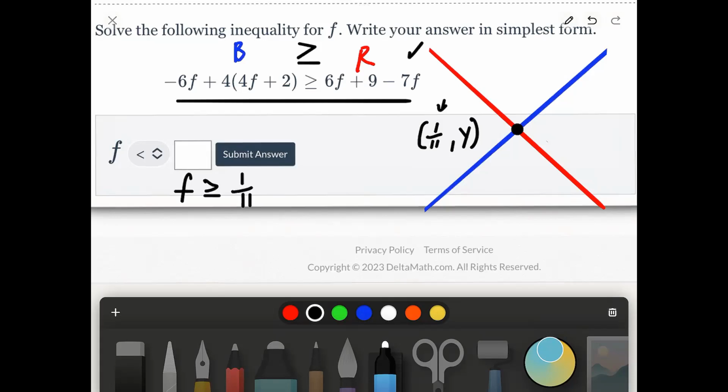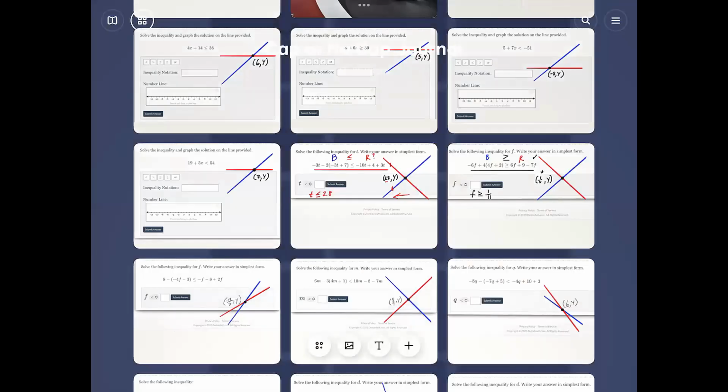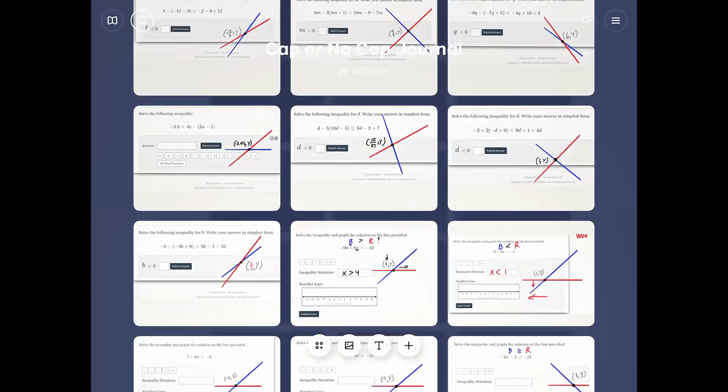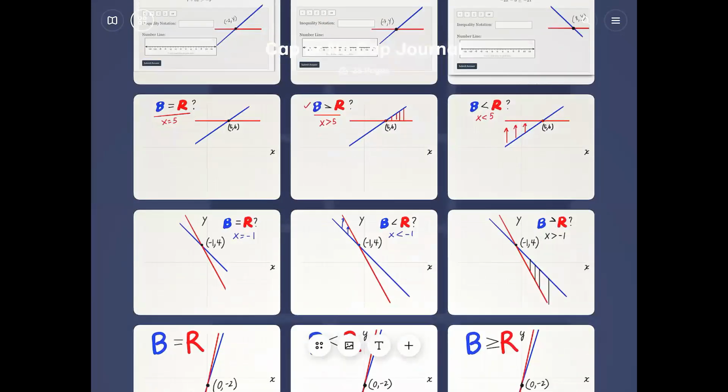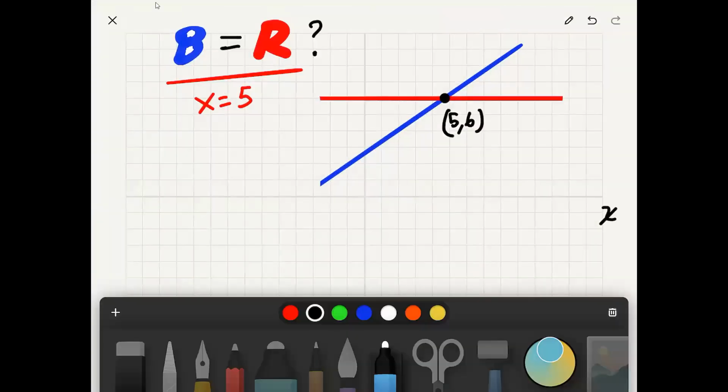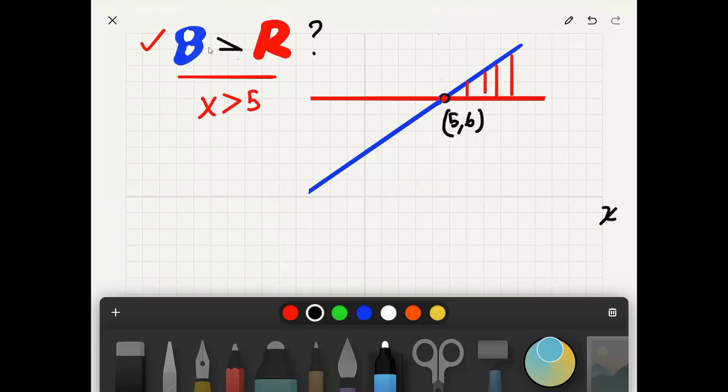All right. So let me go back and recap this. I started with this. Now you guys know how to find intersections. That's easy. But now what I need you to be able to do is look and forget about the actual inequalities.